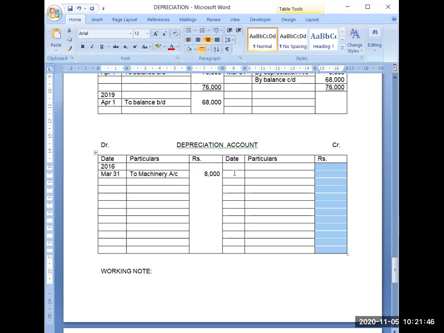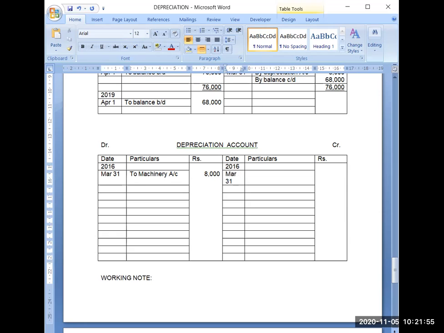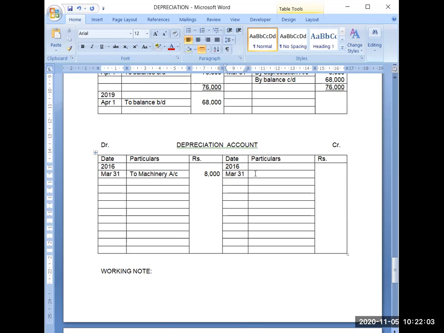Now, in 2016 only, you will transfer this depreciation to profit and loss account. So the date will remain same, March 31, and the entry was profit and loss account debit to machinery account. So here I will write by profit and loss account 8,000.